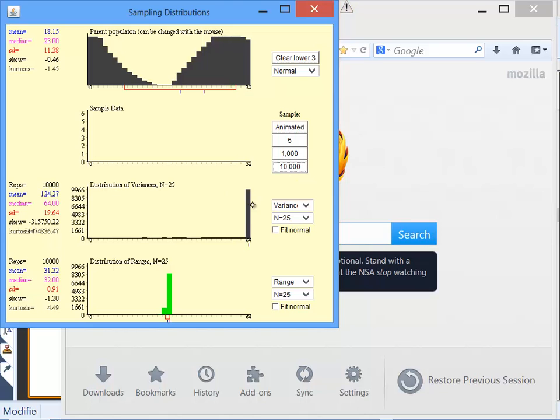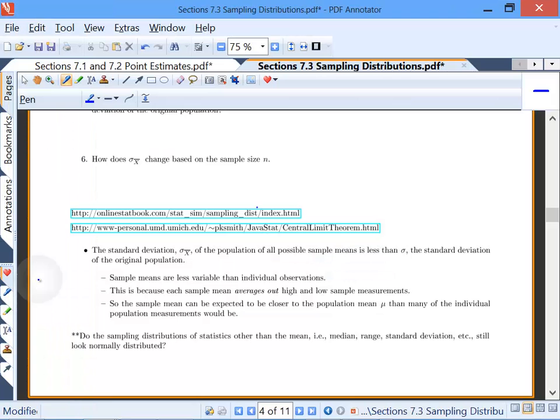Notice that my variance seems really weird. I have one really tall bar and just a few bars, and my range as well, just a lot of values right here, a few values and a few values. So even though the sample mean is going to have a normal sampling distribution, the other values are not necessarily normal.